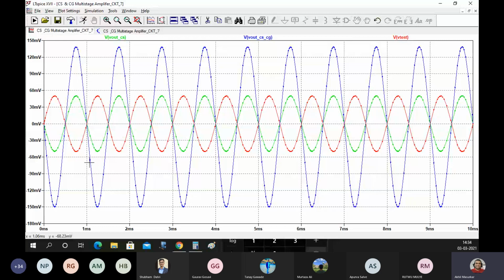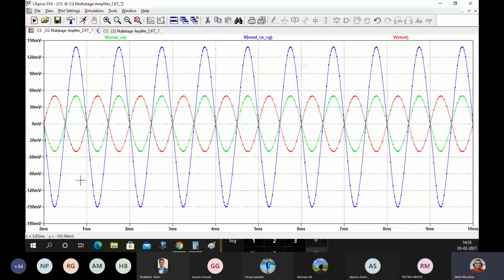So -1 into whatever is the positive part. So even between the input and the final output, there will be 180 degrees phase shift.